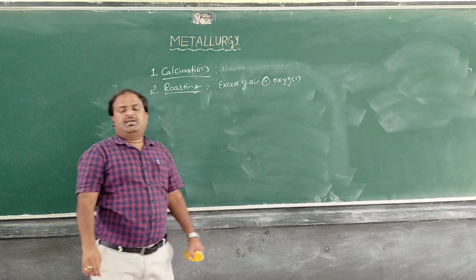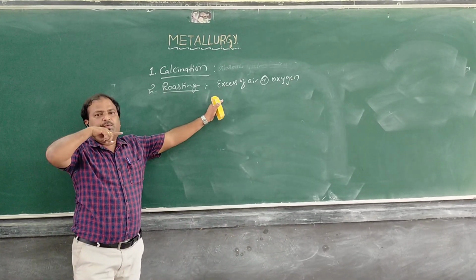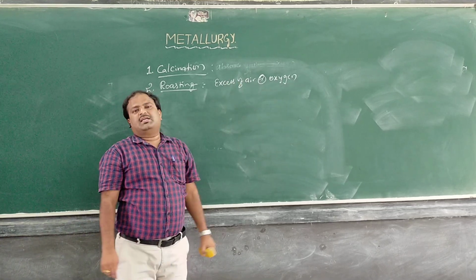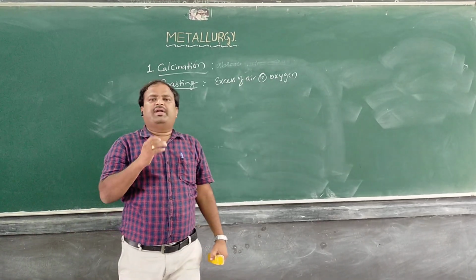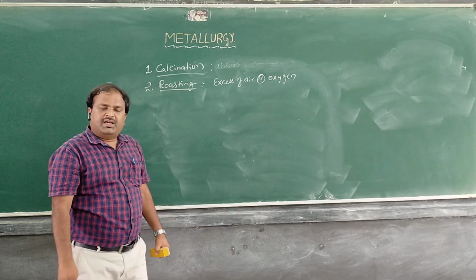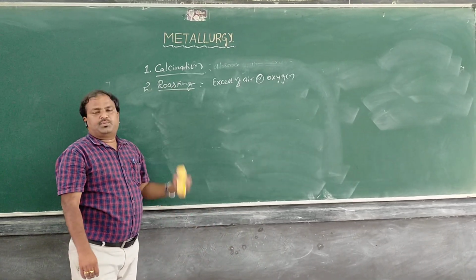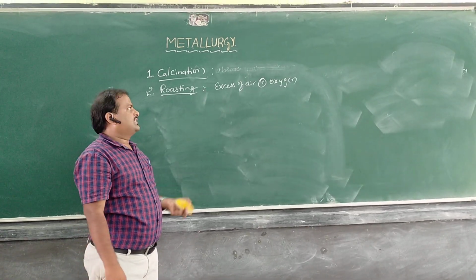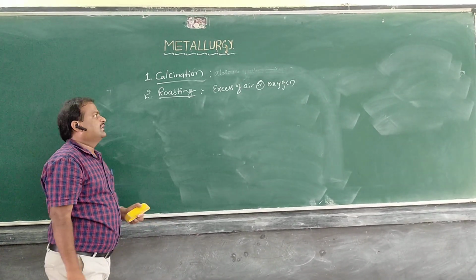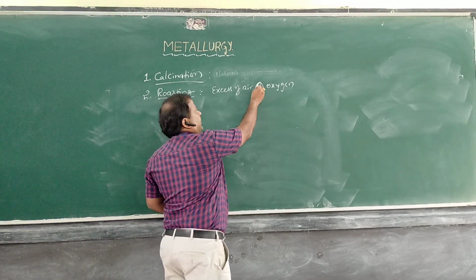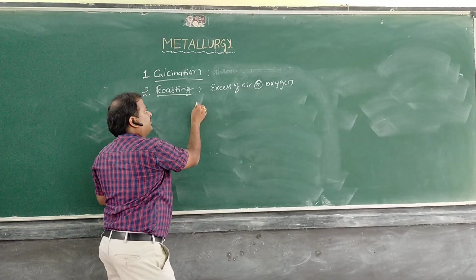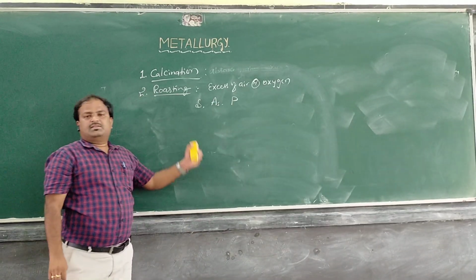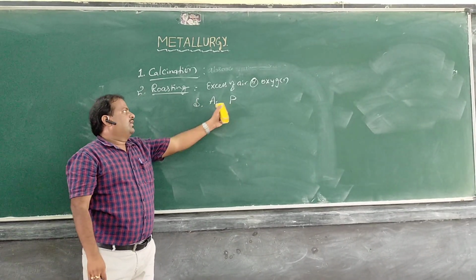So roasting is the process in which the concentrated ore is heated in presence of excess of air or oxygen at a temperature below its fusion temperature. Here also, in this roasting process, the concentrated ore loses moisture and the volatile impurities such as sulfur, arsenic, phosphorus.